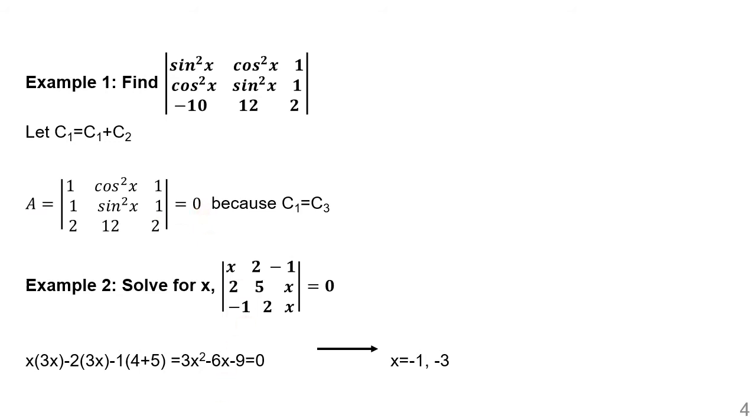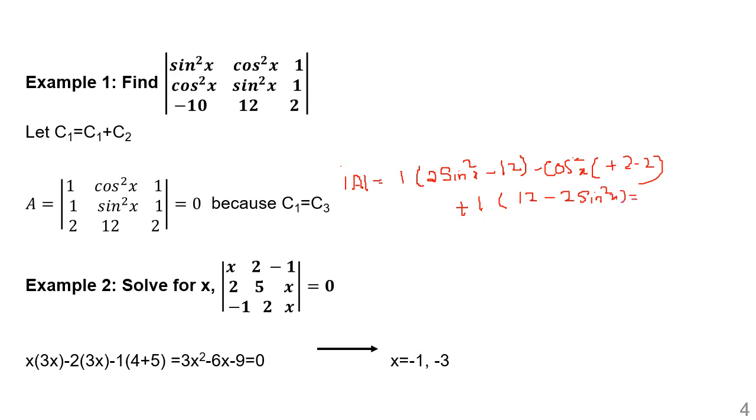We'll try to evaluate this matrix. This matrix A is given by 1 into 2 sin square x minus 12. It is minus cos square x, it is plus 2 minus 2, it is plus 12 minus 2 sin square x, that is equal to 0.